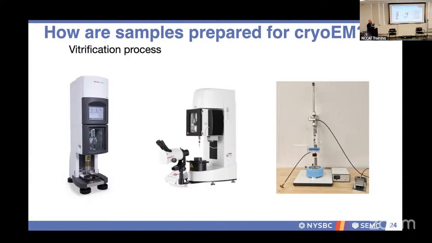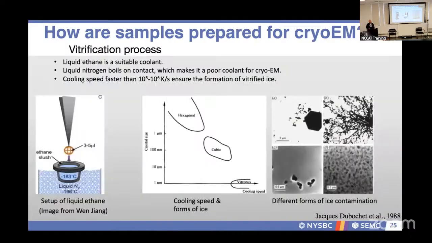You saw some synopsis of this in the sense that the way that we prepare samples today is very similar to the devices used in the 70s and 80s. There have been some improvements in terms of automation and cameras, but by and large, what people do today is very similar.